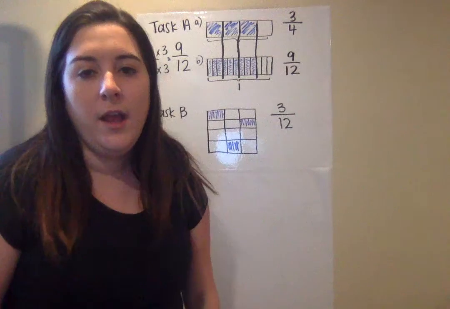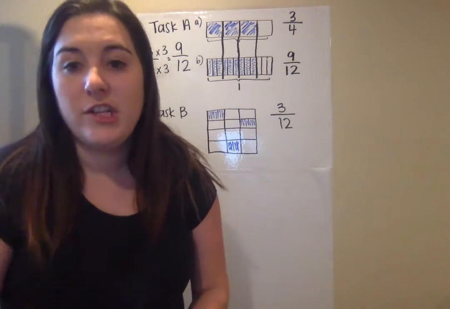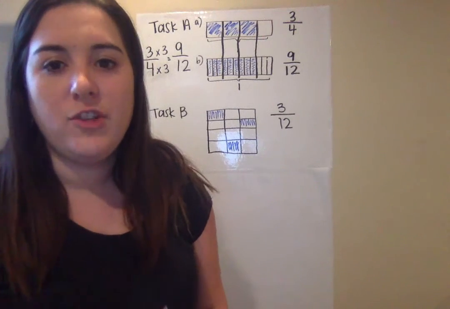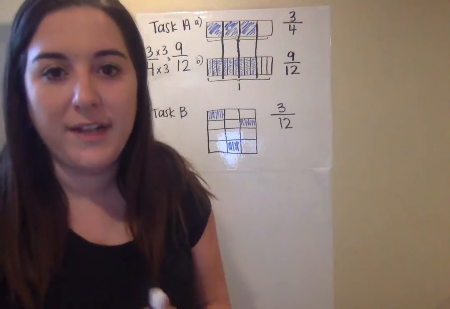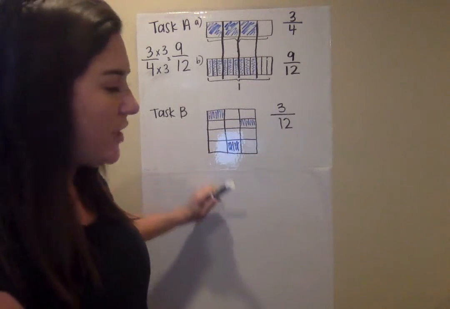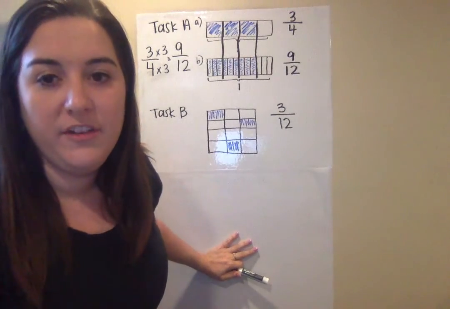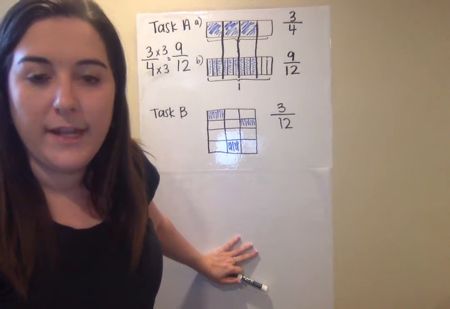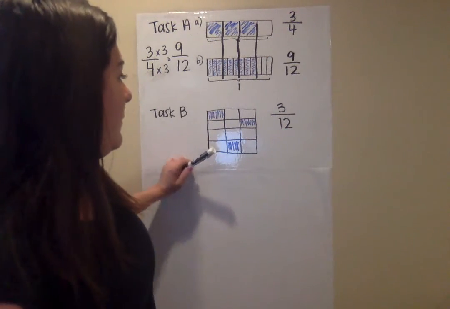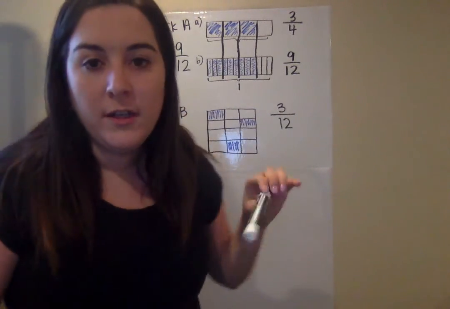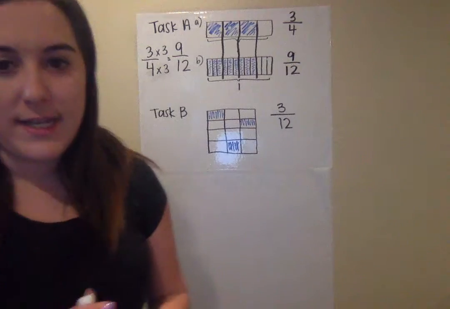All right, so explain, do you think she is correct? I do not think that Laura is correct. And I don't think that she is correct because when I look at my fraction model, I can see that there are 3 pieces shaded in. And I know that the number of pieces shaded are my numerator, right? Then I'm going to say, okay, I also know that I have 12 total units in my rectangle, right?